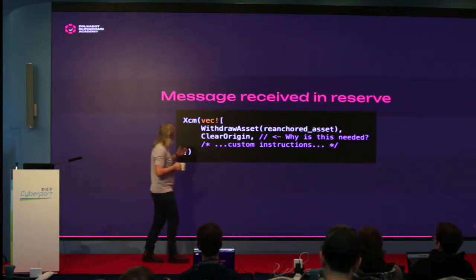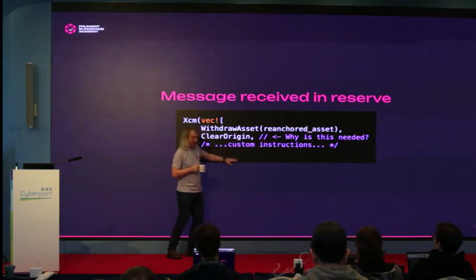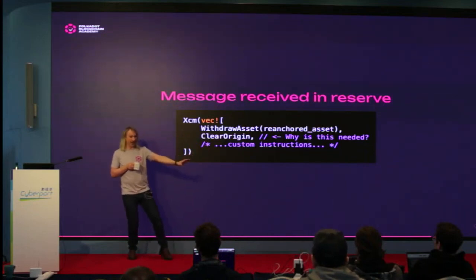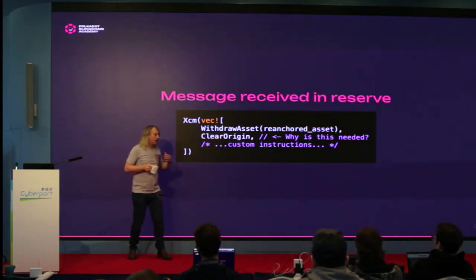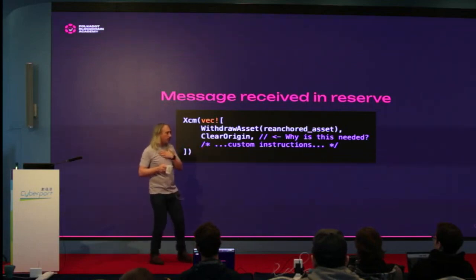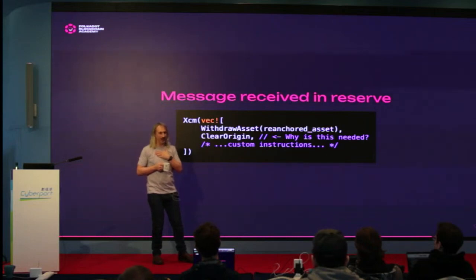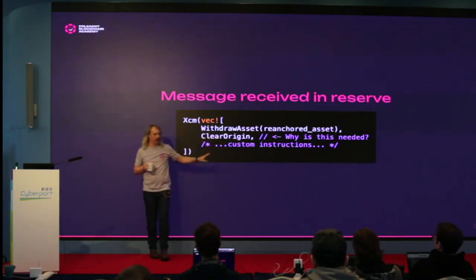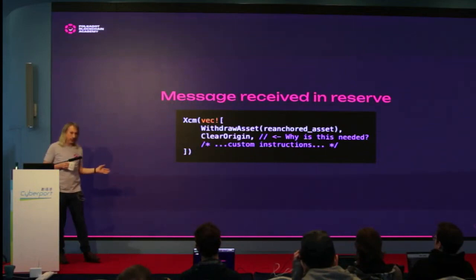So before we tell the relay chain to execute these instructions, we first say, this is no longer the Acala chain speaking. This is some other random guy. And furthermore, you can't trust me, the Acala chain, to tell you who it is, because then I could just fake anyone, right? So the only thing that makes sense is to clear the origin, just leave it unset. That's why origin is an Option of a Location, not just a Location.